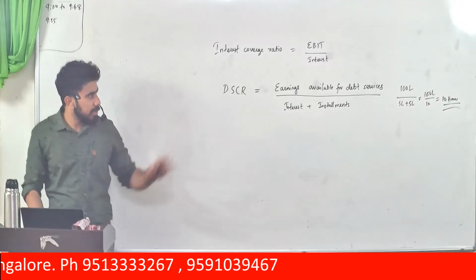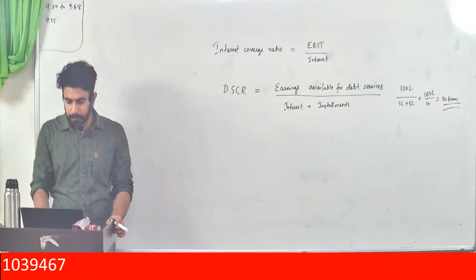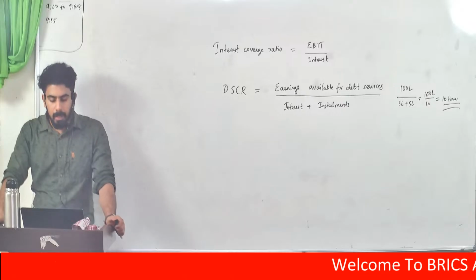But this DSCR is equal to earnings available for debt services divided by interest plus installments. Then you can write below what earnings available for debt services is.